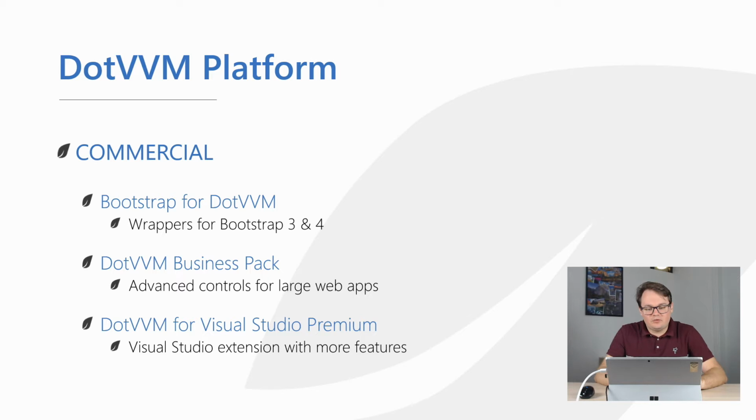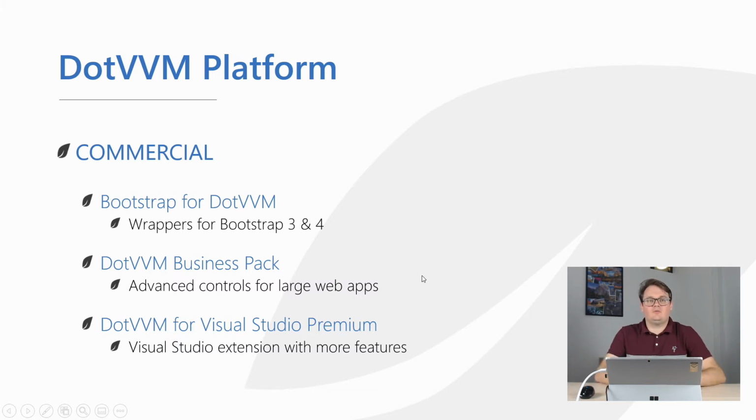In Bootstrap for .vvm, there is a control, yes, modal dialog, which will just render this crazy long piece of code for me. So it just saves your time. Of course, you can use Bootstrap with .vvm without purchasing this package, but you will have to copy paste this code from the documentation. This will help you to generate it using a shorter syntax.